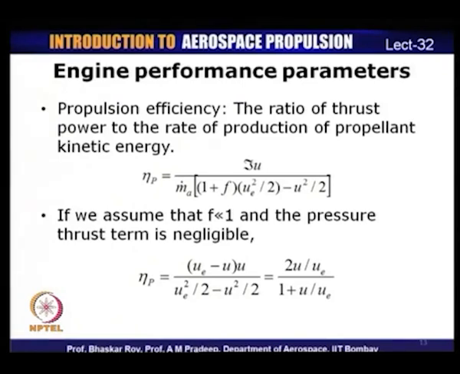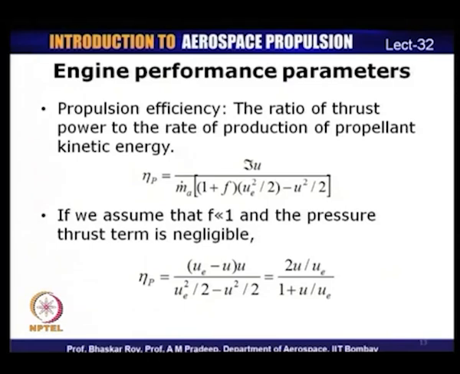So, what do we mean by propulsion efficiency? Propulsion efficiency, by definition, is the ratio of the thrust power to the rate of production of propellant kinetic energy. So, how do we define the thrust power and the rate of propellant kinetic energy?